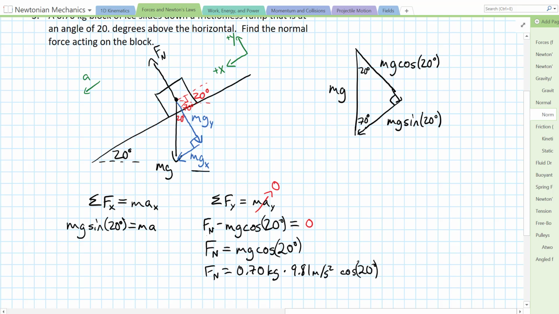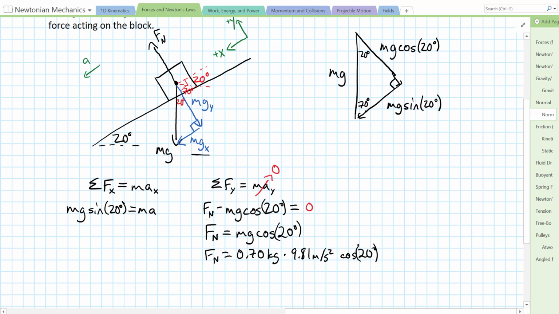And we plug that into a calculator, make sure we're in degree mode, since we're using degrees as our angle. 0.7 times 9.81 times cos of 20 gives me normal force of 6.39 newtons.